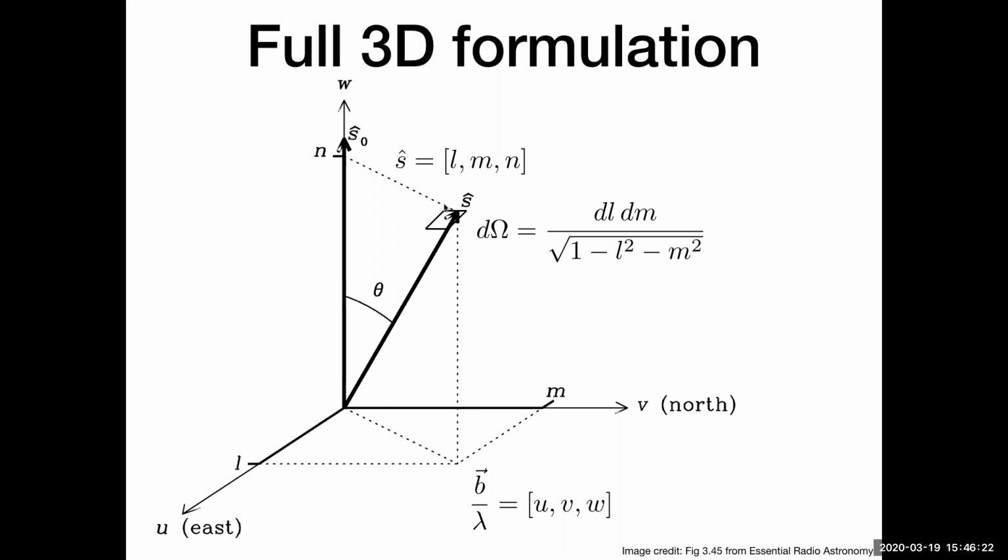And so we can then define it as having these linear coordinates, L and M, and a small patch of sky, a small solid angle, d omega, can then be defined as basically dL dM, the Cartesian XY equivalent.